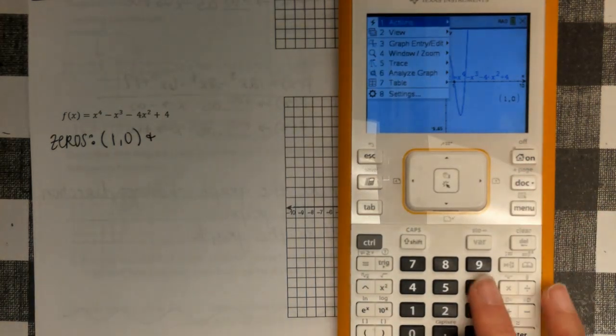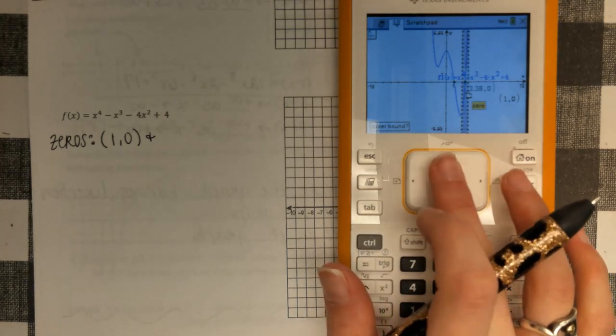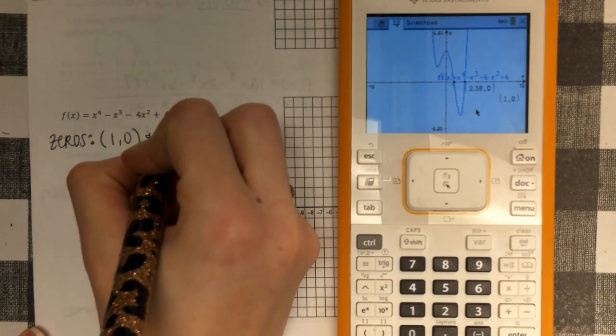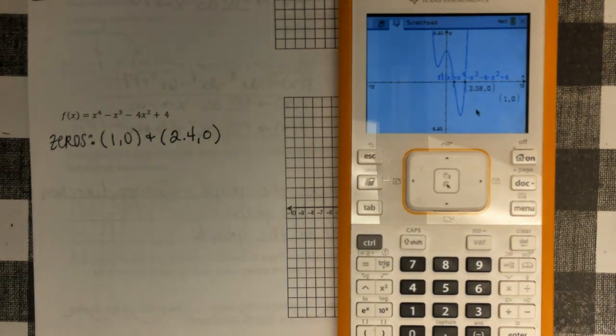And then do menu 6, enter again for your second x-intercept. Okay, that one gives me 2.38. I'm going to round it to 1 decimal place. So what will that round to? 2.4. So 2.40 will be my second x-intercept.